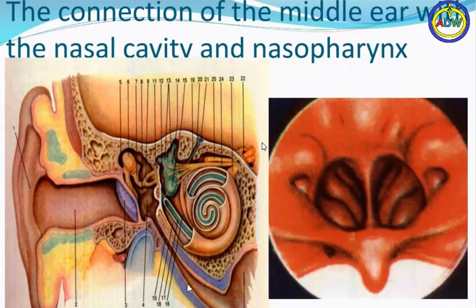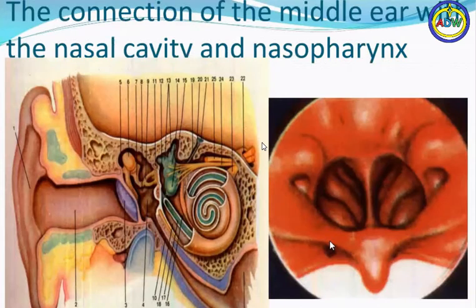This is the eustachian tube of the adult. And if we perform posterior rhinoscopy, this is the uvula. These are the posterior ends of the 3 turbinates of the nasal cavity. And you can see these are the openings of the eustachian tubes. And you can see these are the soft palate structures.